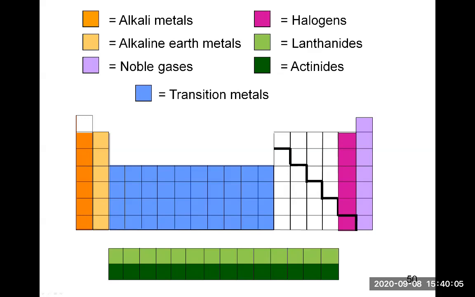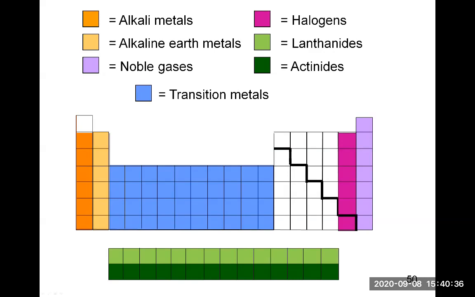Then to the right, we enter the 6 columns, and there are no specific names for the first 4 columns, but then the column group 7A is called the halogens. And the last column to the right is representing the noble gases, in purple here. Noble gases, completely to the right.